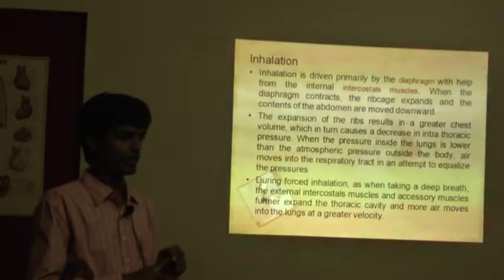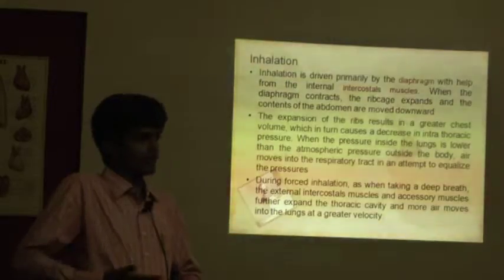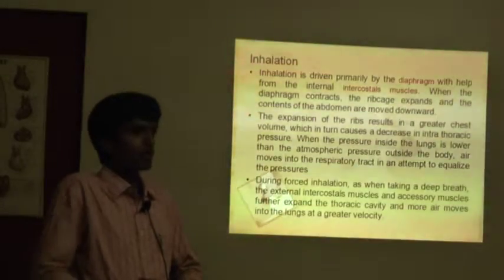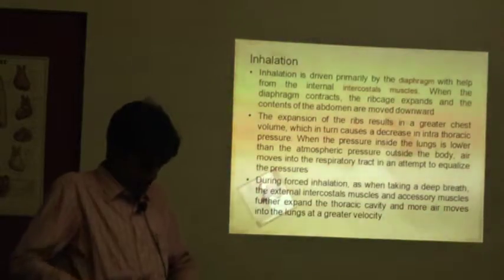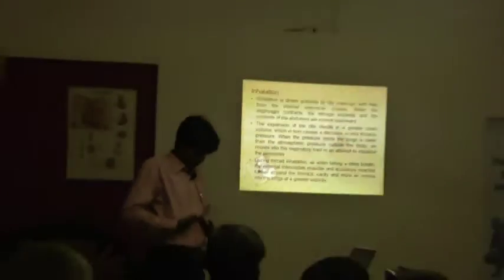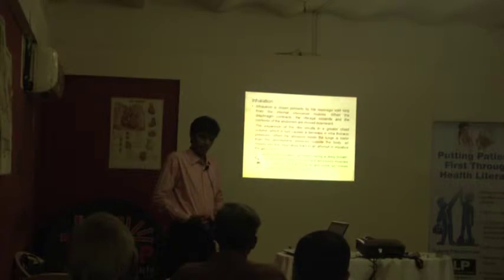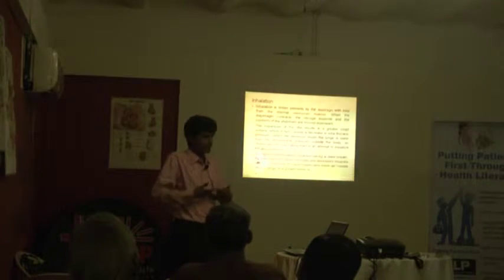One is the diaphragm. The diaphragm is a muscle which separates your chest area from your abdominal organs. It is a big dome-shaped muscle, and it pulls slowly down. When it pulls downward, what happens? The space inside the chest increases.